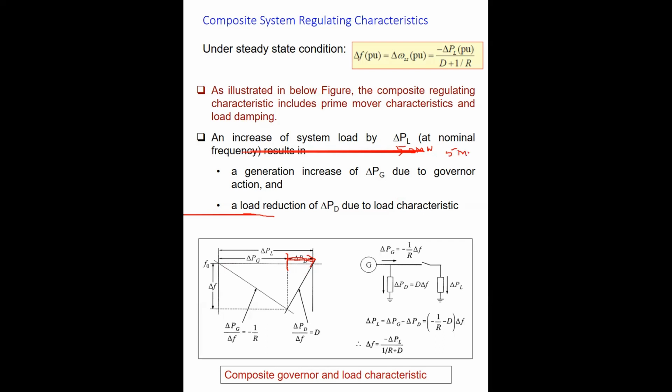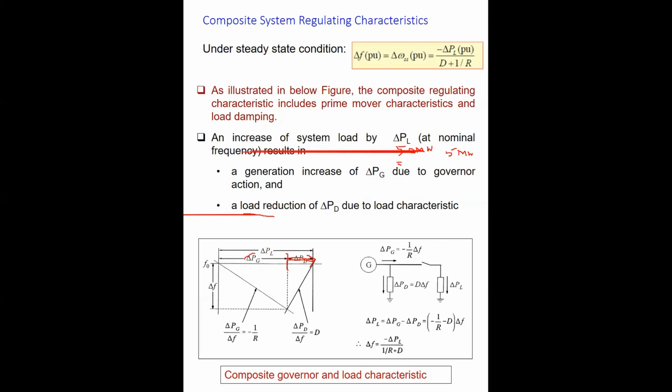So because of load frequency drop, the load reduction from the dynamic load is 5 megawatt, and thus the generation change required against this much change in the load has to be the difference of the two, 50 megawatt minus 5 megawatt.